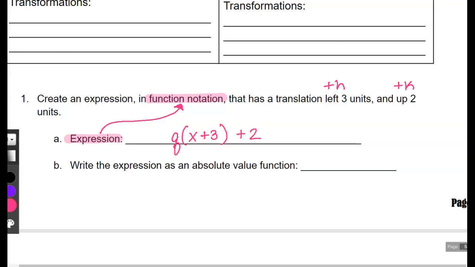So now, part B asks us to write the expression as an absolute value function. So now we're taking those movements and we're putting it into an actual function. So give me a letter. W. So this we're going to define as W of x equals, because this is now an actual absolute value function, it's going to have an equal sign.